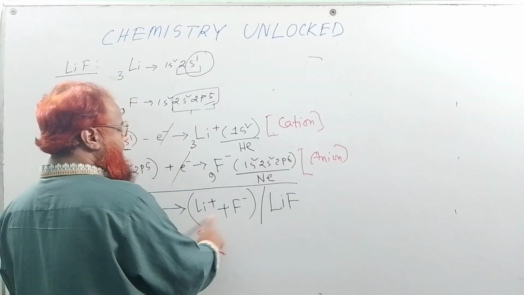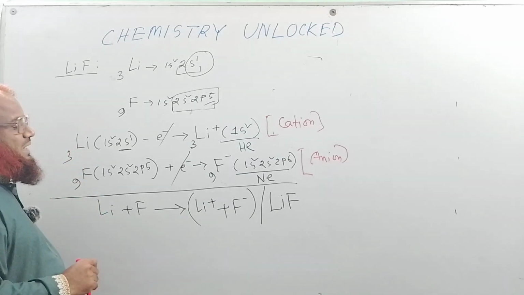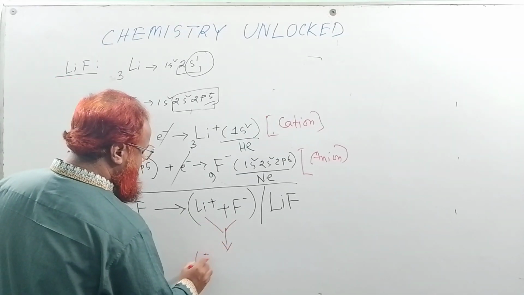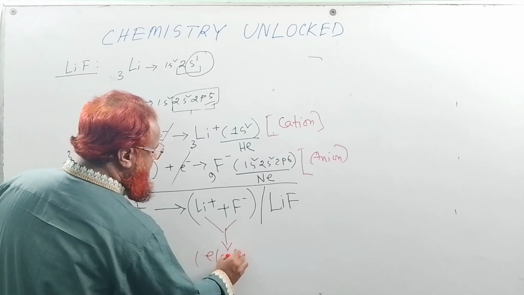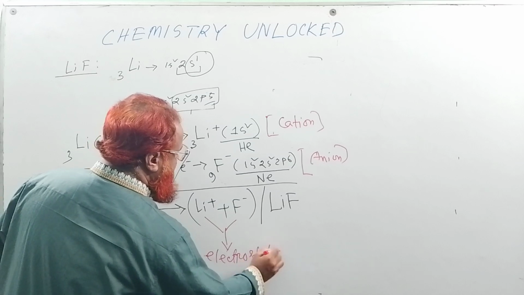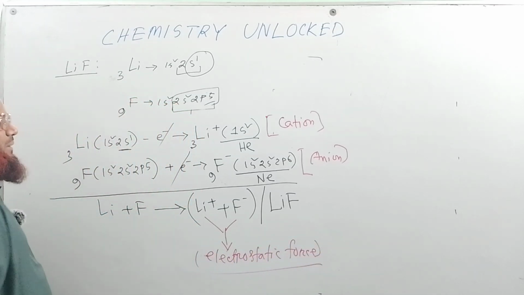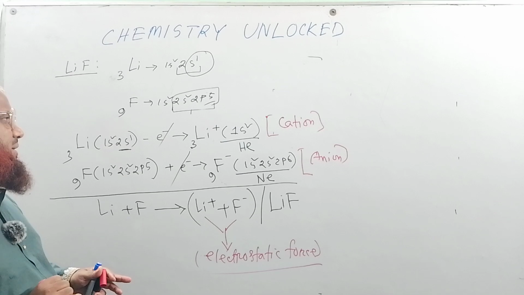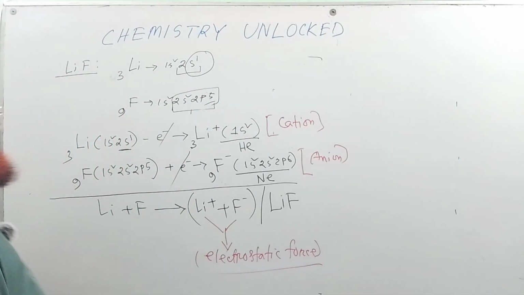This positive ion and negative ion will attract each other by an electrostatic force. These ions attract each other by an electrostatic force, and that is called what? Ionic bond. Okay, so this is a diagram using the electronic configuration. Now we will use the orbit diagram. Okay.